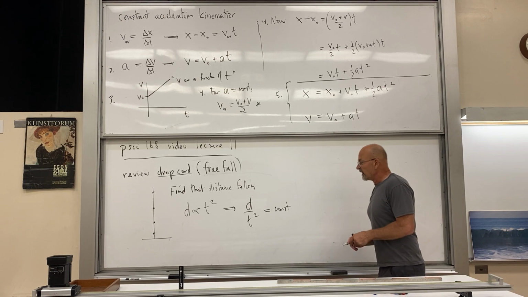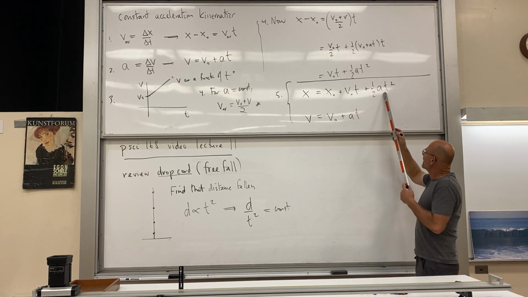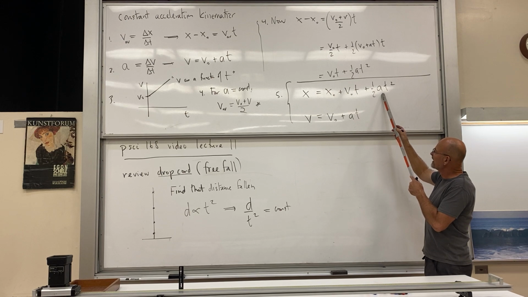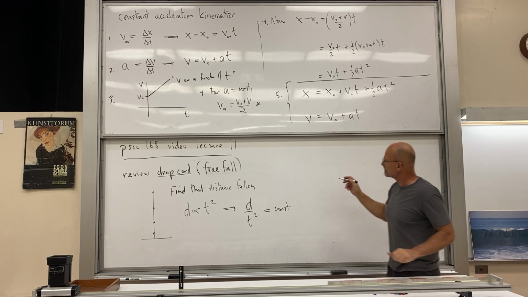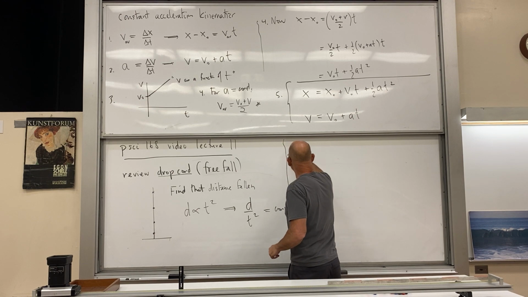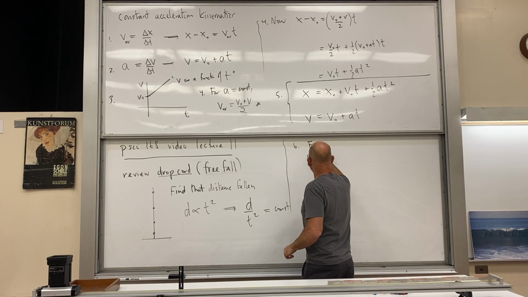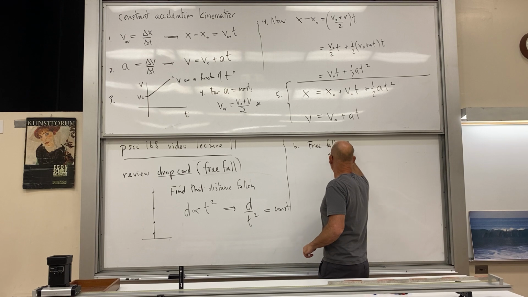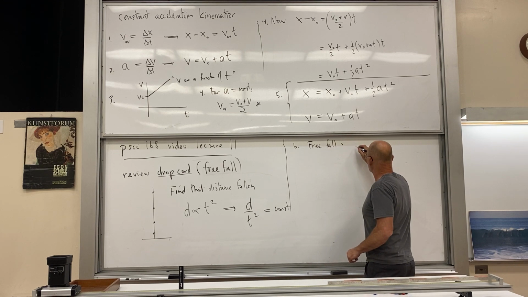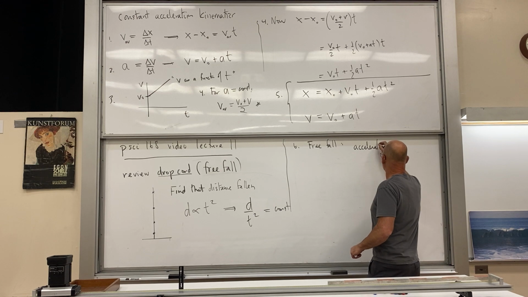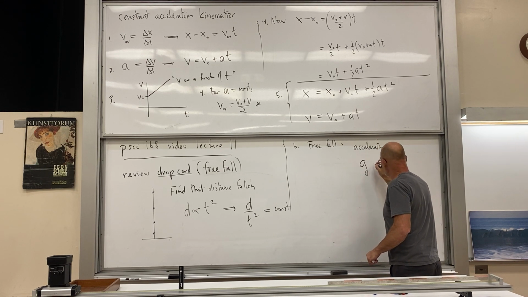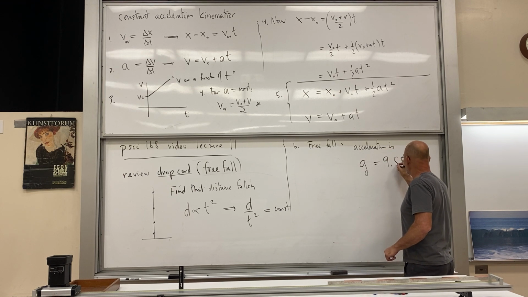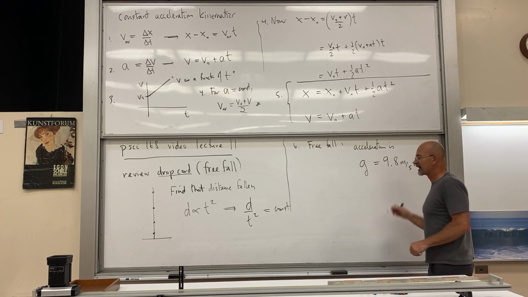Now, the acceleration a is a constant, and in the case of freefall, we give it another name. Okay? So continuing here, free fall. Acceleration is called g, and it has the value 9.8 meters per second squared.